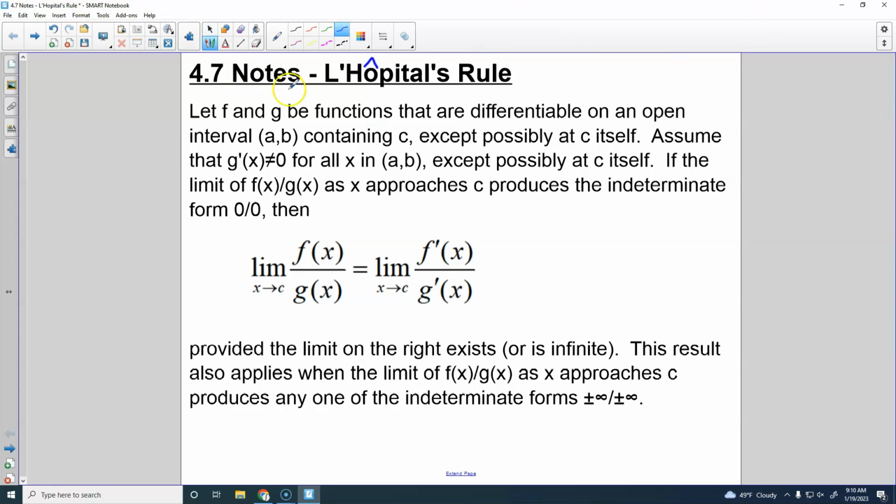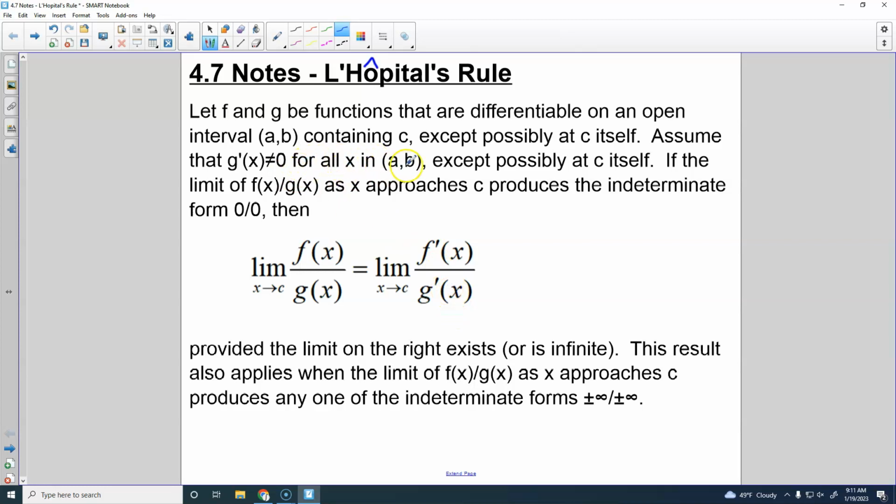So this is Lipital's rule. F and G are functions that are differentiable on an open interval containing AB that contains C, except possibly at C itself. Assume that G prime of X does not equal 0. Why can G prime of X not equal 0? It's on the bottom.